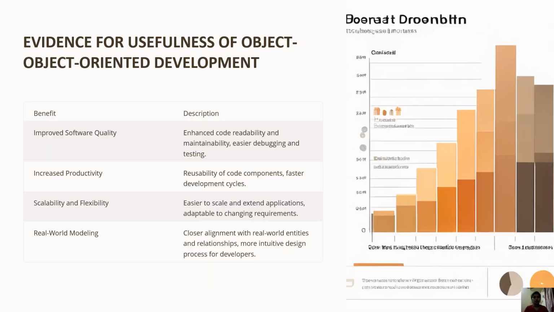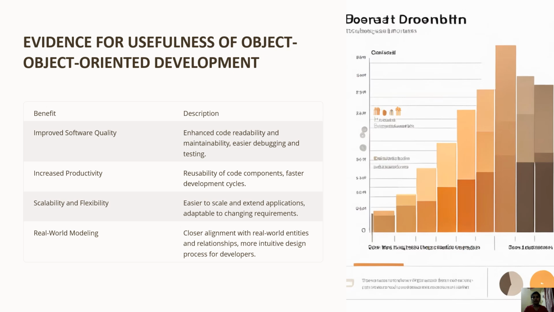Moving forward, we have evidence for the usefulness of object-oriented development. In this slide we'll come to know why object-oriented development is very important and what its uses are. First is improved software quality. Next is increased productivity, scalability and flexibility, and real-world modeling.